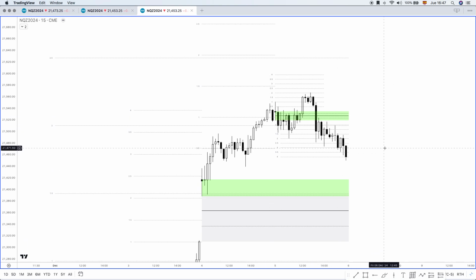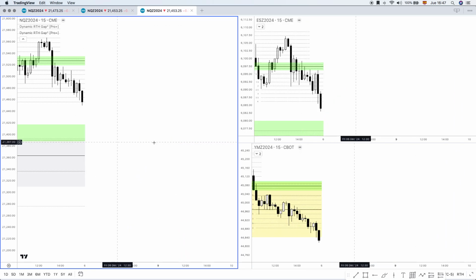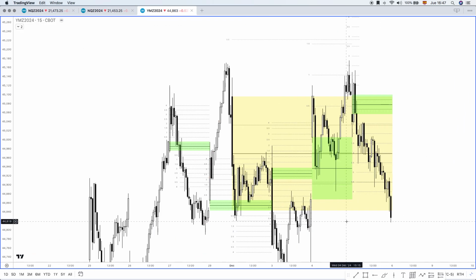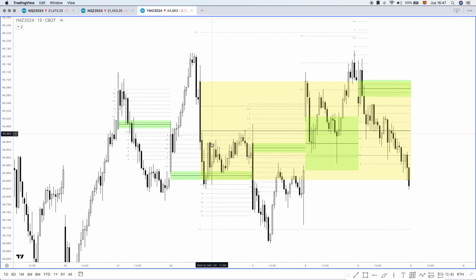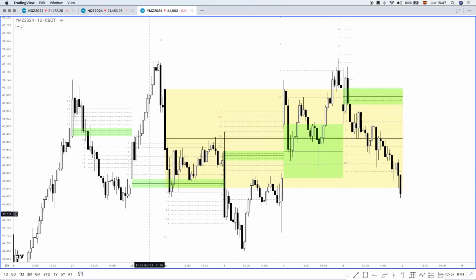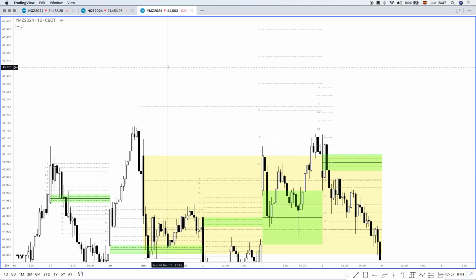It's just for a quick view. I have Monday's regulatory hours gap only here, extended through the week, and it's yellow. So in this way I can see the gap that was formed during the first day of the week, that is Monday, and the projection of the gap.